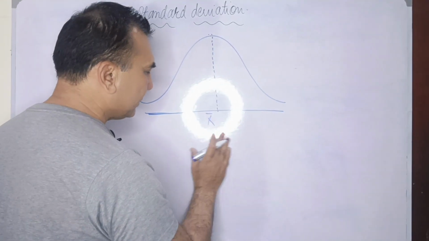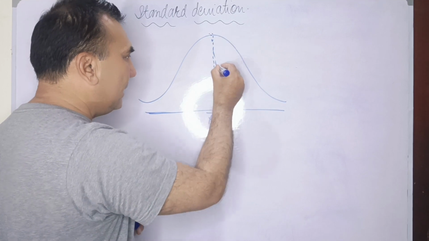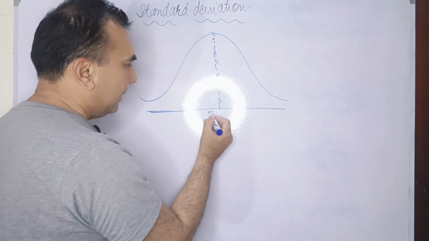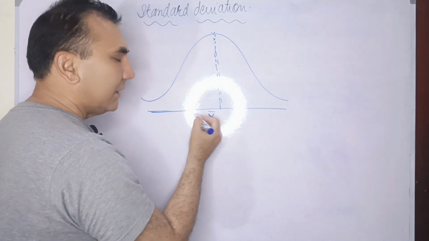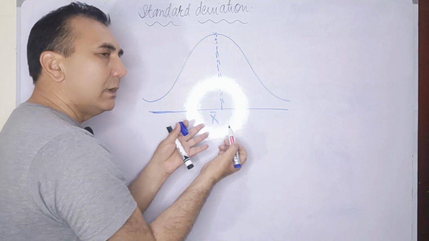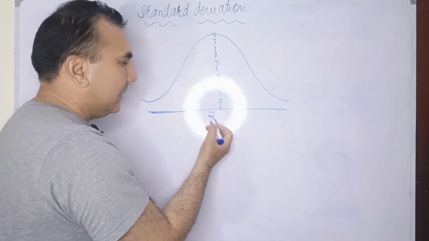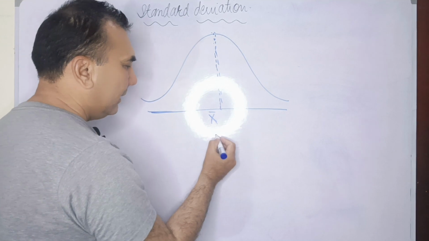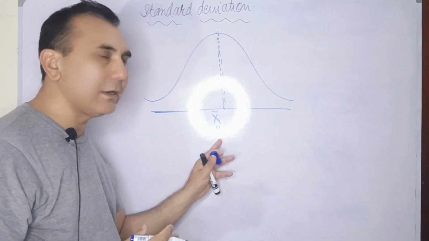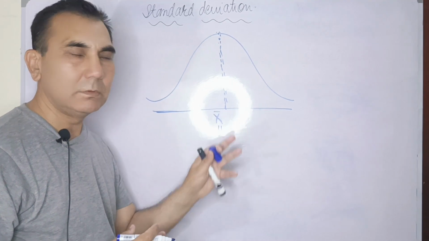Suppose this is the mean of the data set. If you want to calculate the mean of a sample, you indicate it with the X bar symbol. If you want to measure the mean of the population, you write the symbol mu.